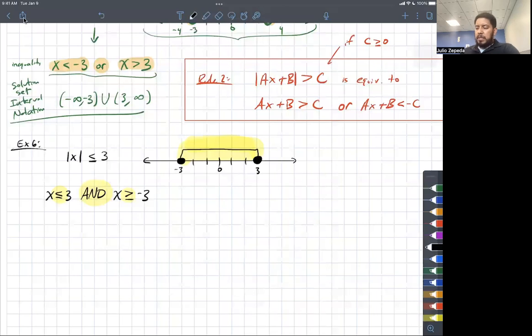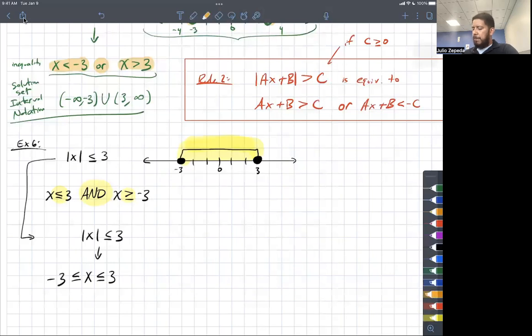This is one way to write the set of solutions using inequalities, but we can also indicate what the solutions are with a compound inequality. Some textbooks will say the absolute value of x is less than or equal to 3, and this is equivalent to x is less than or equal to 3, and then they'll put another less than or equal to sign on the left-hand side of x, and then put that -3 on that side.